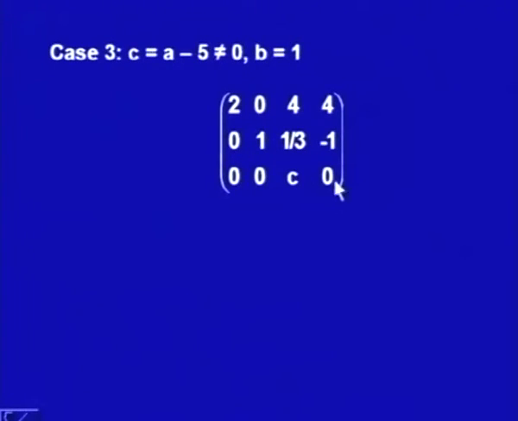Now, in the third row we will have c, which is not 0, and that means this 3 by 3 matrix A has non-zero determinant, or the rank of the matrix A is 3, and the rank of A colon B, that is the augmented matrix, will also be 3, because a 4 by 4 determinant is not possible.